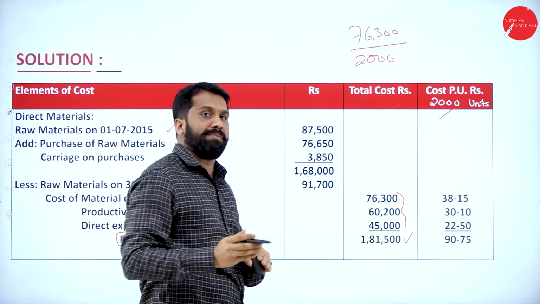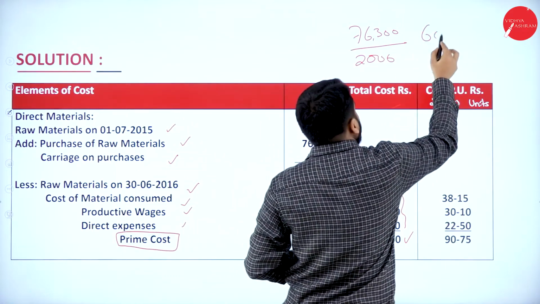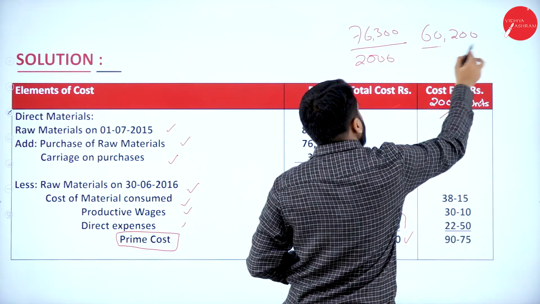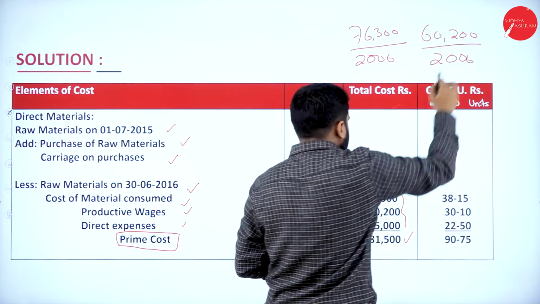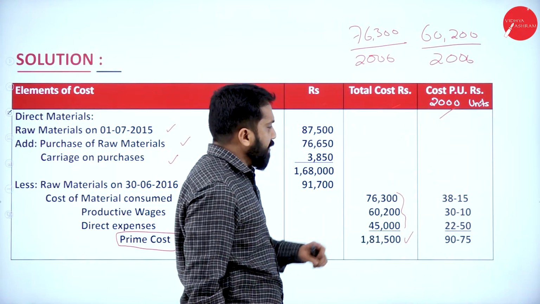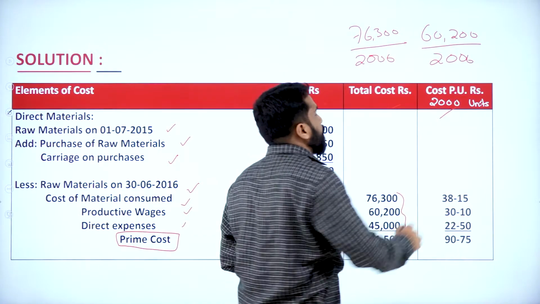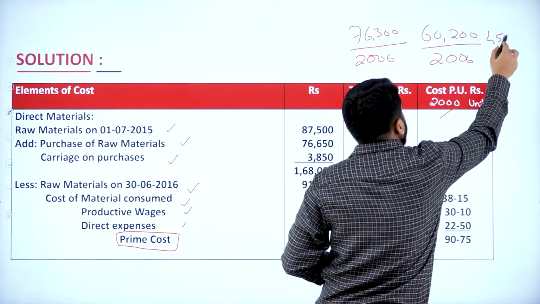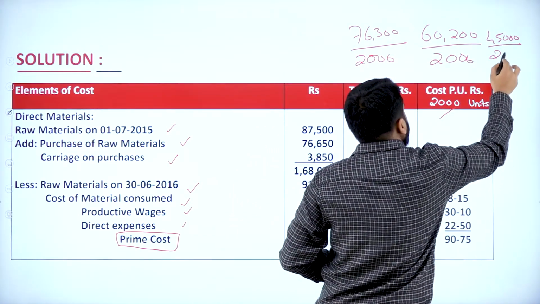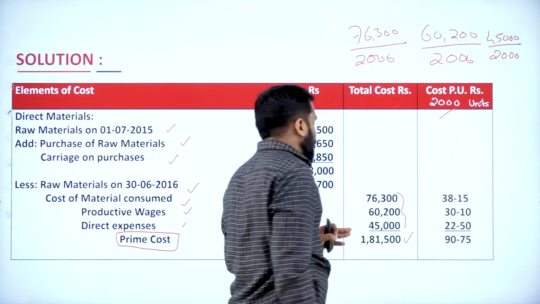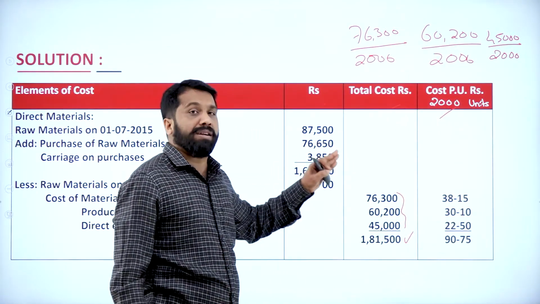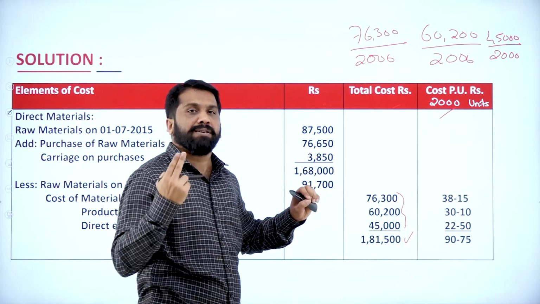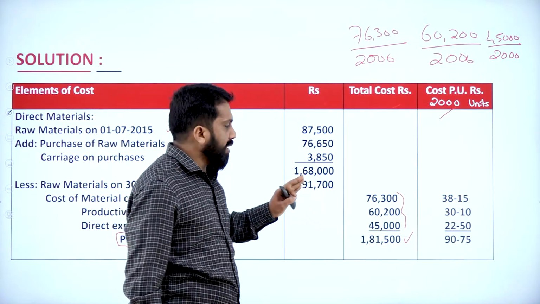Similarly, 60,200 divided by 2000 units. 45,000 we have. Similarly, 45,000 divided by 2000 units. Everything we have to consider, but we have to divide by how many units? 2000 units. Hope you understood.